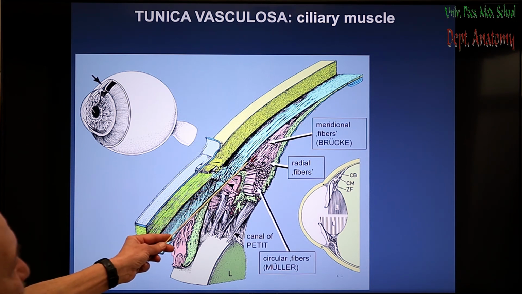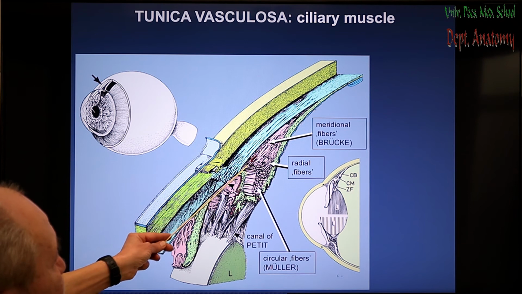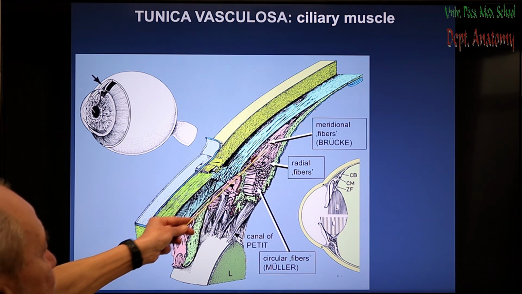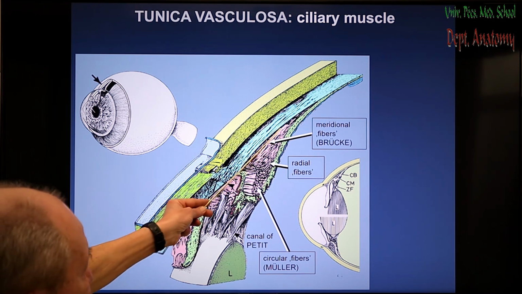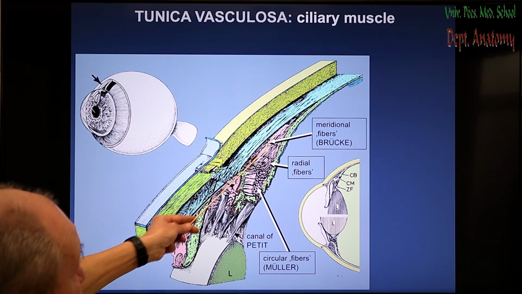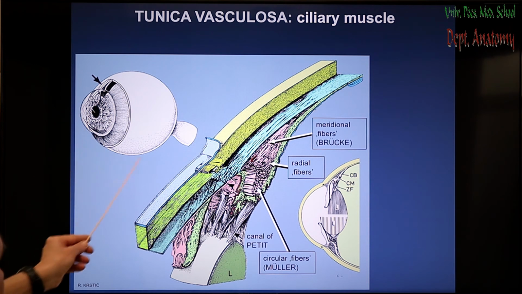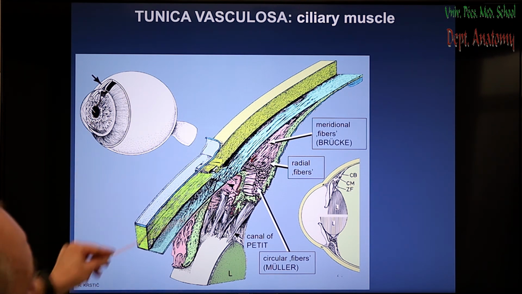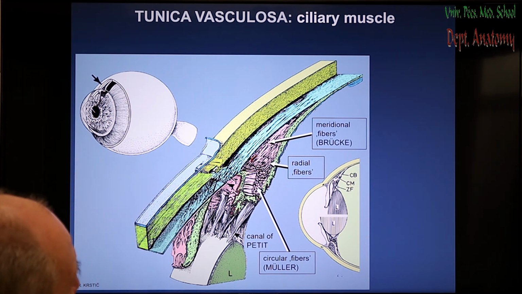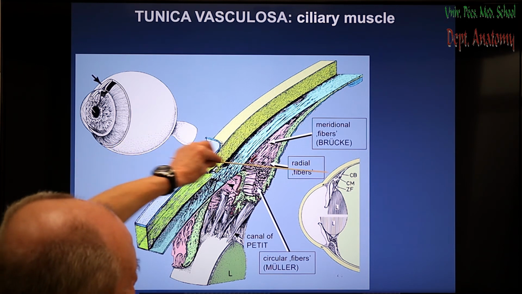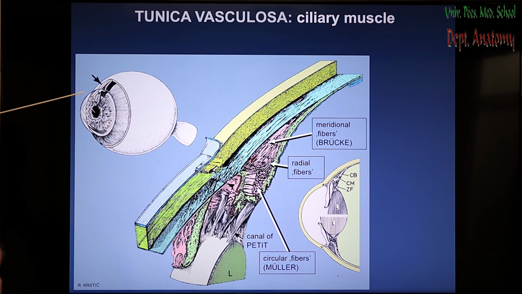The outermost cells run parallel with the inner surface of the sclera, and these are accordingly the meridional fibers, following the meridians of the eye. More inner cells are directed towards the core of the eye, towards the center of the eye, and therefore we should mention them as radial muscle cells.